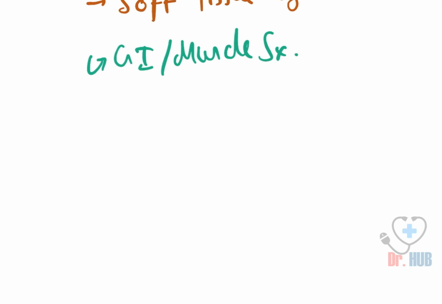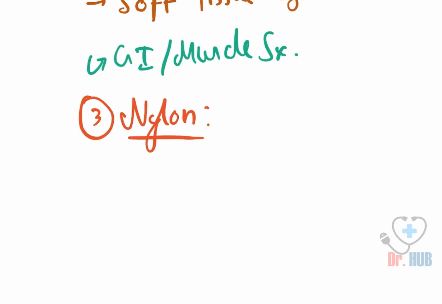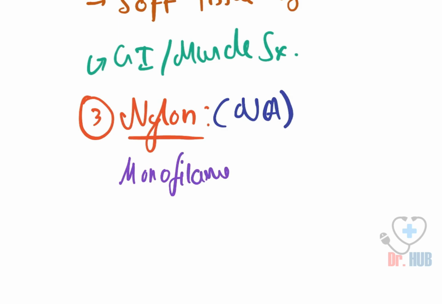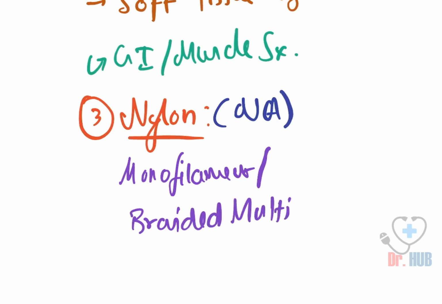So the third question we asked was, what is the nylon use? First, the nylon, we know it is obviously non-absorbable. So what is the type? The nylon is a monofilament, as well as a braided multifilament. And what is the use of this?